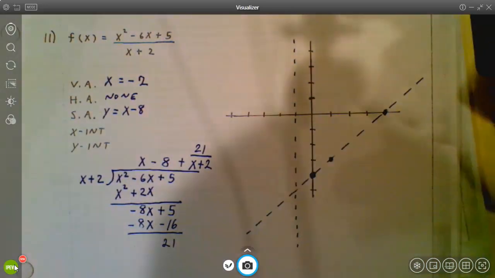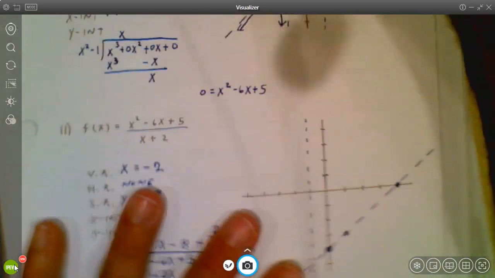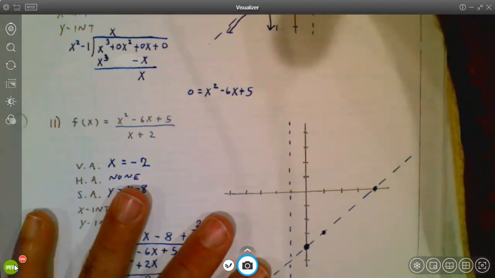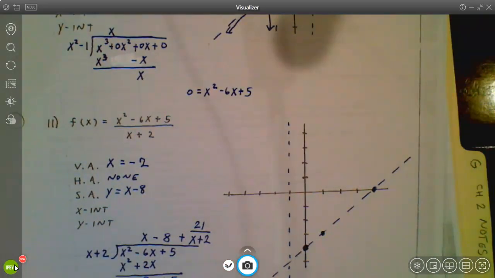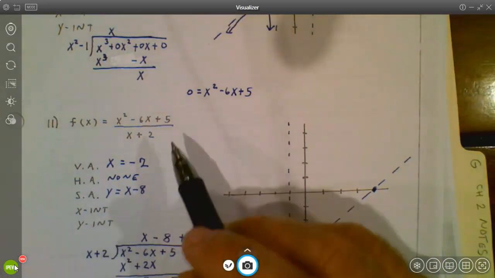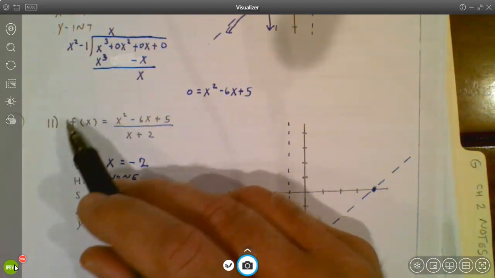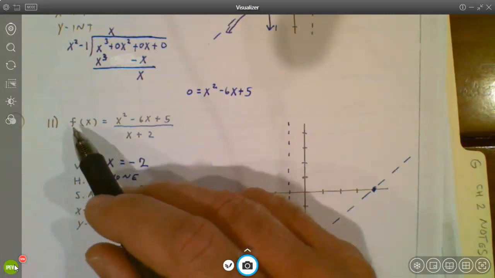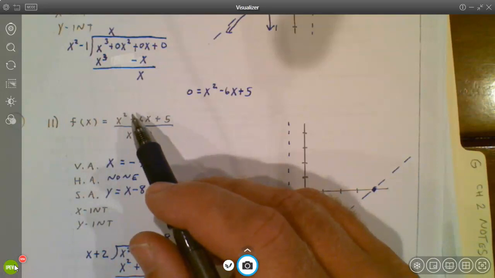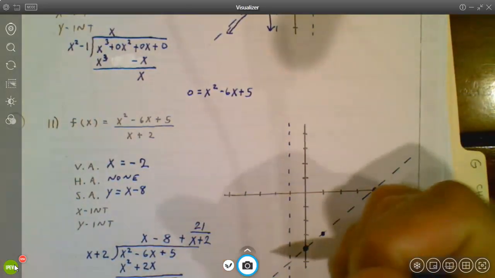One way to look at this, and I try to avoid saying this rule in case there's any exception to it, but one way you could describe finding your x-intercepts is by setting the numerator equal to 0, right? Because if I plug in a 0 for y right here, well, as soon as I multiply this over, it's still 0. So all I'm left with is the numerator equaling 0.